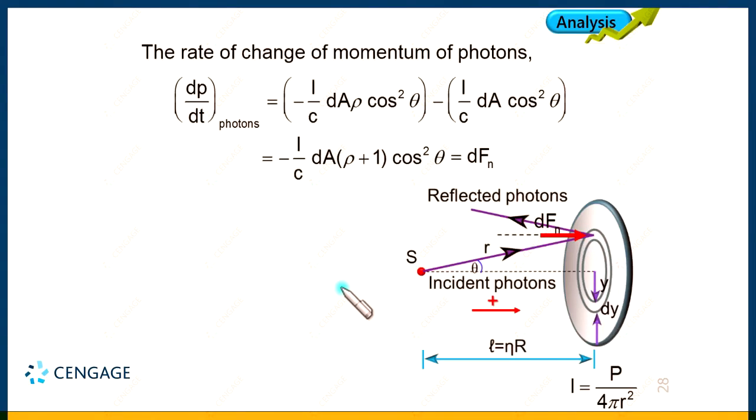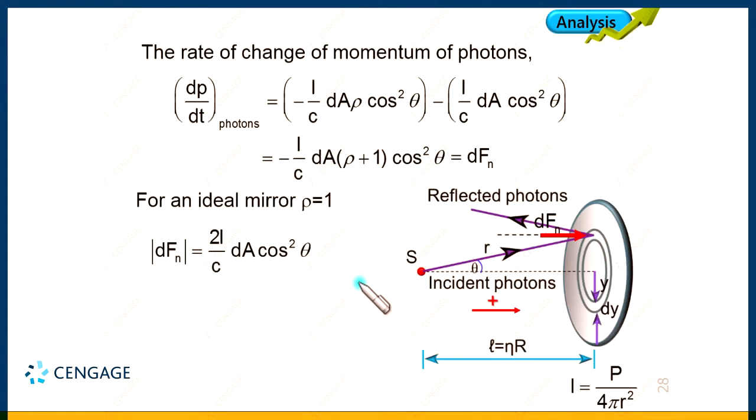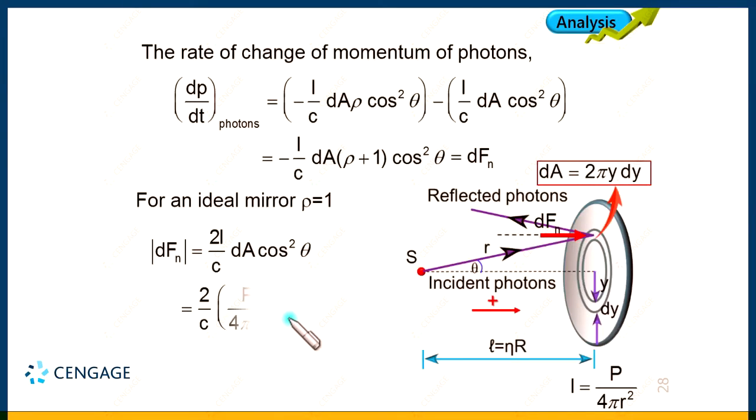If rho is equal to 1, then the magnitude of the force should be equal to 2I divided by C dA cos square theta. Now, we can substitute the value of I. I is the intensity, that should be equal to P divided by 4 pi r square, and dA, the area of this ring, should be equal to 2 pi y multiplied by dy. So, let us substitute these values.